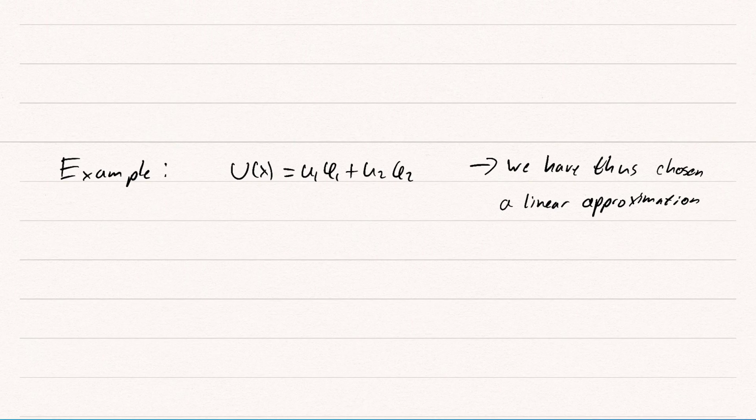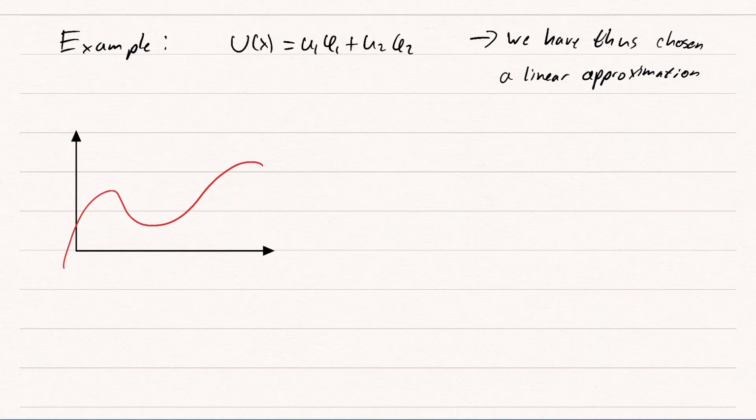Alright, so this means that u of x is going to be u1 times this function, if it's a linear function, in this region. Let me first do the region.